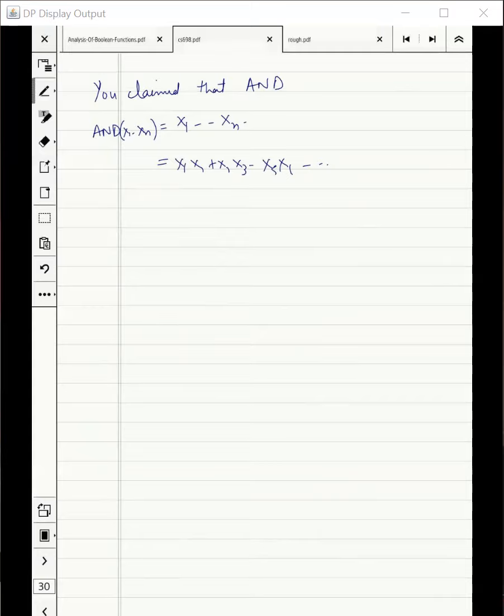You have given me one polynomial representation. So, in other words, what I'm asking is, is this polynomial representation unique? Okay, so it is unique because for every single term in the simplified polynomial, for example, if xi is not present there, we could just write one as xi plus 1 minus xi and then split it in that way.